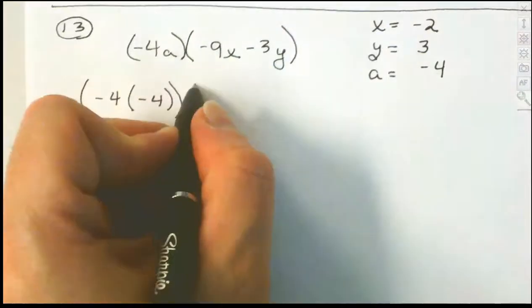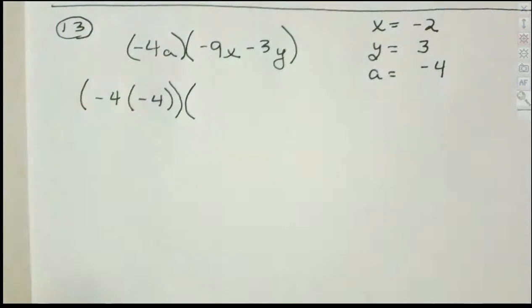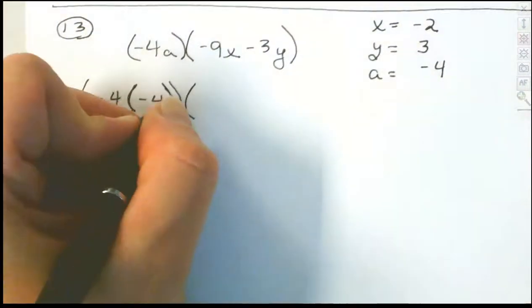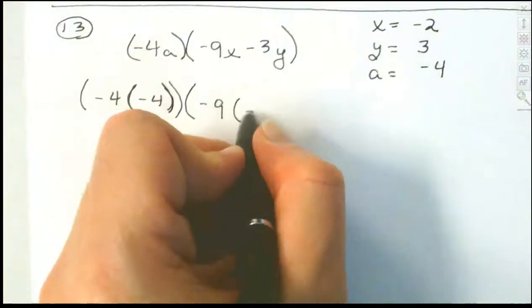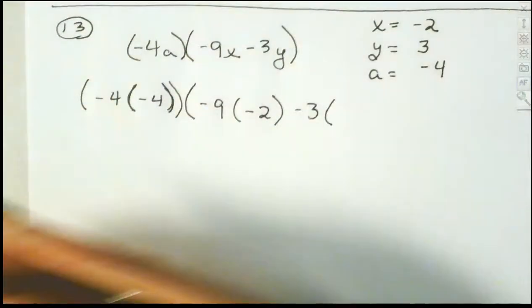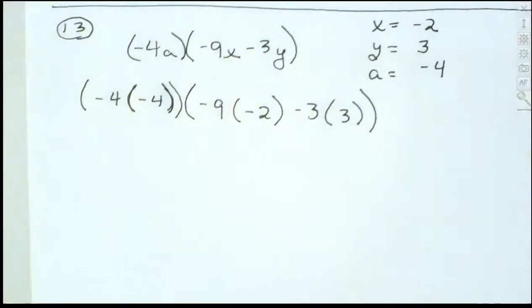That way we don't make a mistake and forget that's multiplication, or try to add them together. They're not. They're multiplied together. And then we've got a -9 times a -2. And then we have a -3 times a +3. And you could use square brackets if you would like. Since we've got all these parentheses, I'm just going to use the double parentheses, and that's fine too.